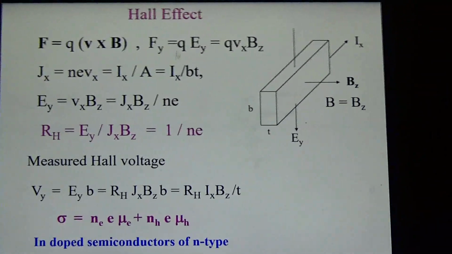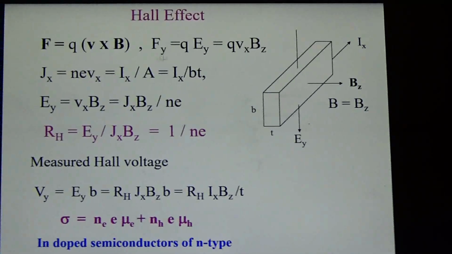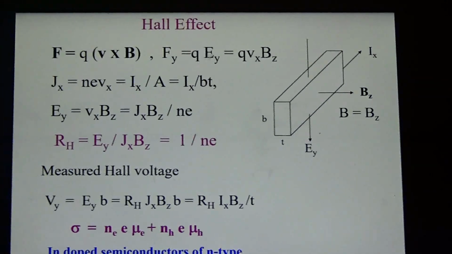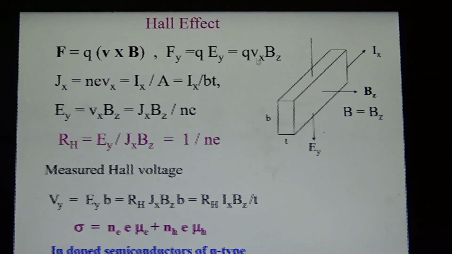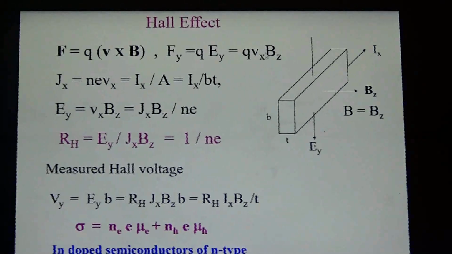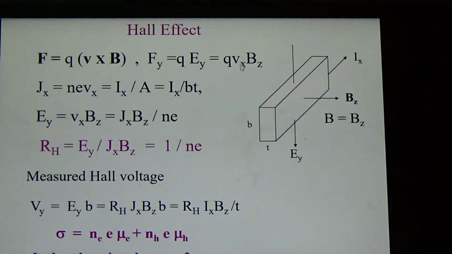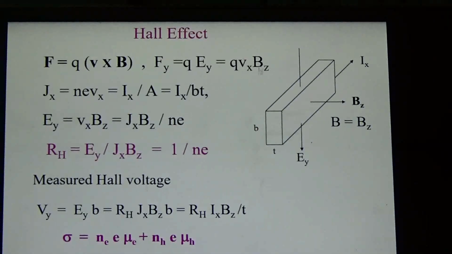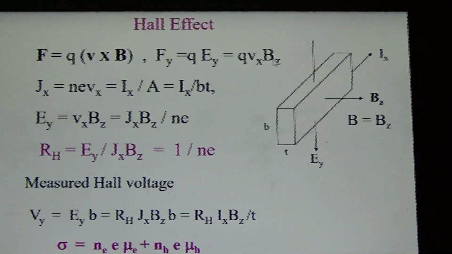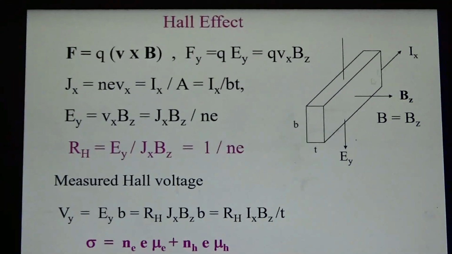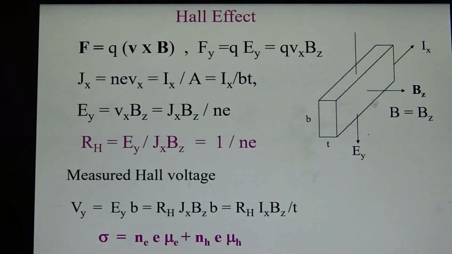Suppose we apply an electric field in the Y direction, the force purely due to the electric field is given by QEY, which is equal to QVX BZ if these charge carriers are flowing in the X direction, where BZ is the magnetic field and Vx is the velocity of the charge carriers in the X direction.